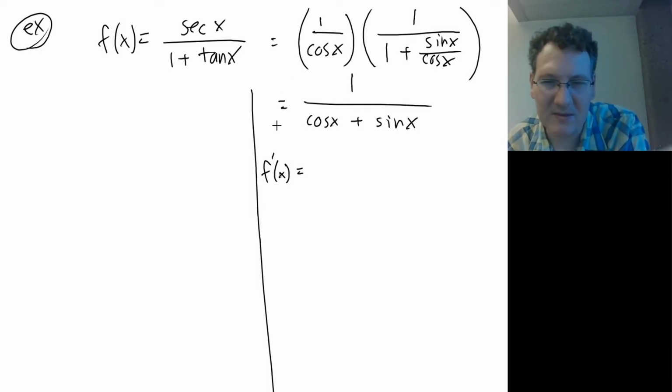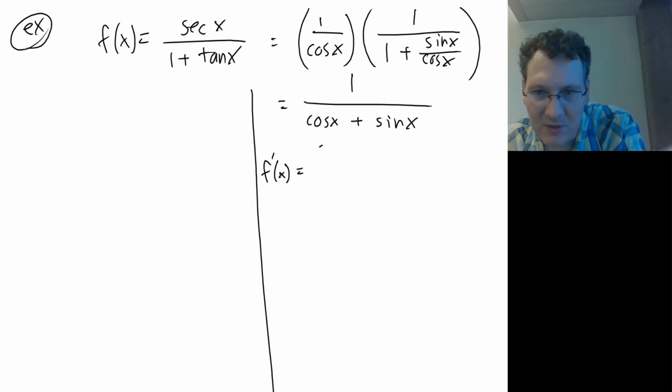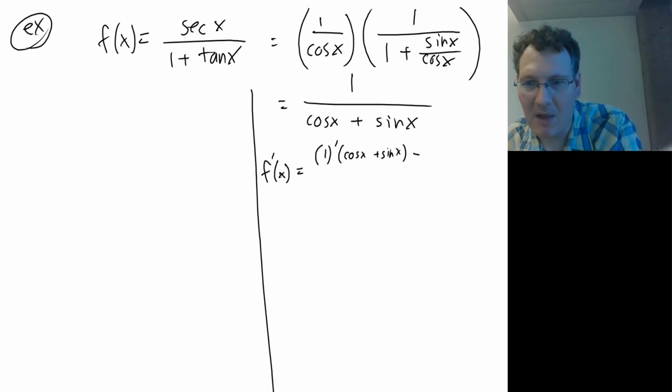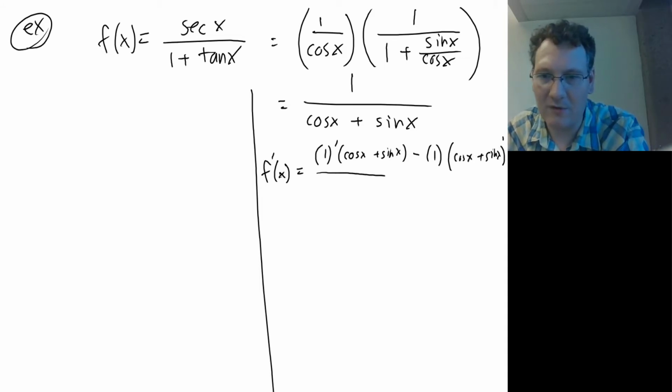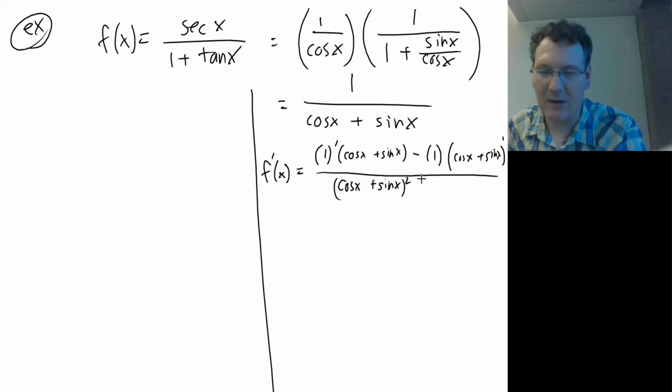So f prime of x is going to be the derivative of the numerator, 1 prime, times cosine x plus sine x, minus 1 times cos x plus sine x prime, all over cos x plus sine x squared.